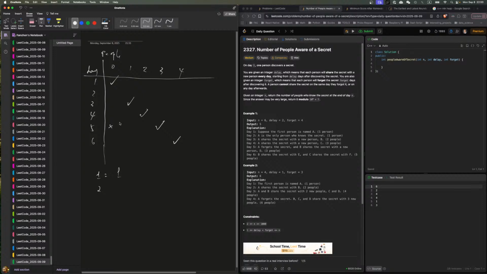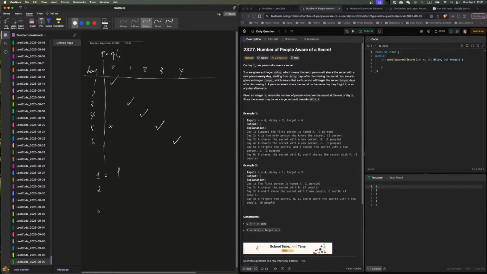Each person is independent, so it just depends on from which day they know the secret and to which day they will forget it. And all we need to do is simulate the scenario.